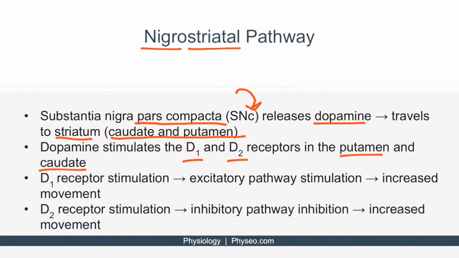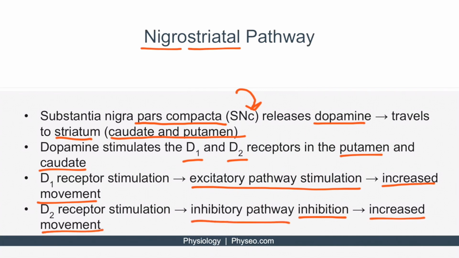When the D1 receptor is stimulated, it causes the excitatory pathway to be stimulated, which leads to increased movement. D2 receptor stimulation causes the inhibitory pathway to be inhibited. We've inhibited the inhibitory pathway, which also leads to increased movement. In other words, the nigrostriatal pathway stimulates movement via the basal ganglia.